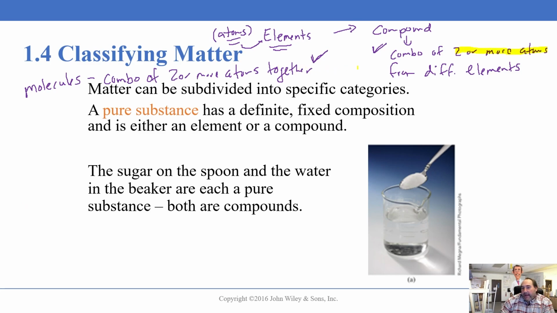A compound is two or more atoms from different elements. That is the difference between a compound and a molecule. A molecule you can think of as a general definition of two or more atoms together. So a molecule does not need to be different elements. It can be two or more of the same element, or two or more of different elements. But a compound has to be two or more atoms of different elements.